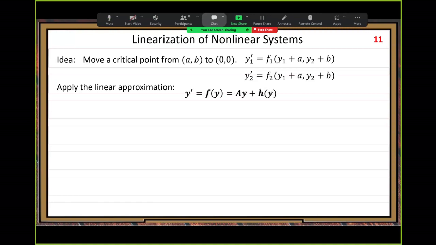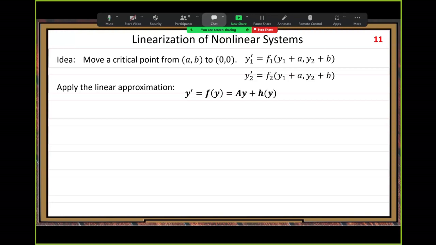So let's look at that. The F function could be very complicated, but we want to take the linear part. We extract all the linear terms out. How to extract?